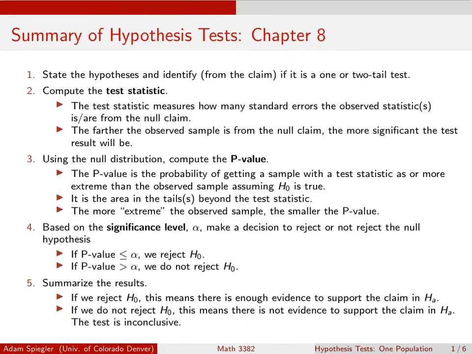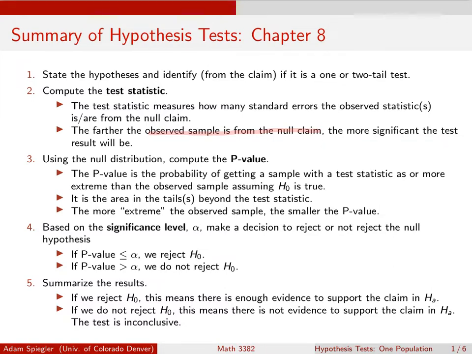And the goal here when we're doing a hypothesis test is we hope that we can prove the null hypothesis is untrue, and therefore the converse of that, the alternative hypothesis, is true. So what we hope to get here is we hope to find evidence that our observed sample is far from the null claim.